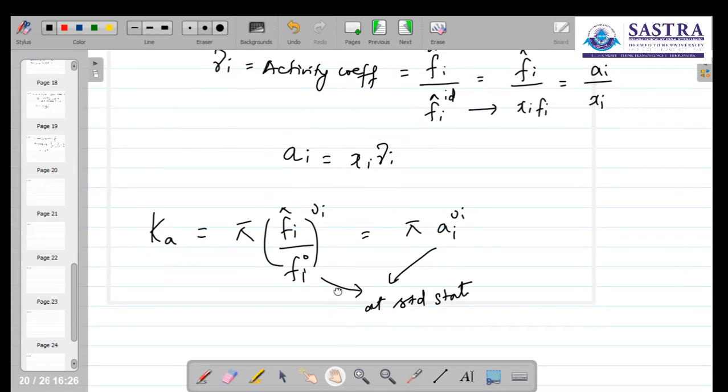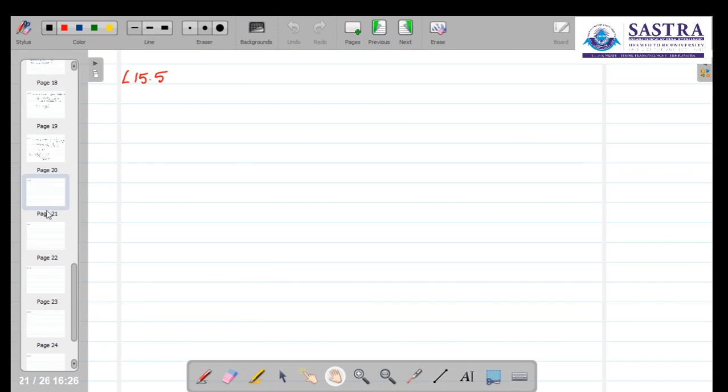So this then means for a component, for example, if you take a reacting system as aA plus bB, this is how we are used to writing in process calculation and reaction engineering.